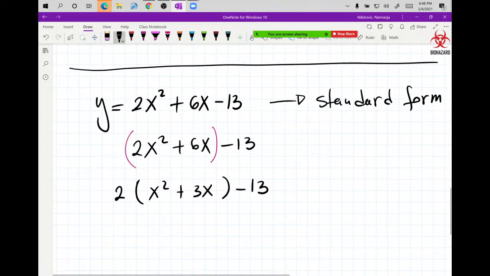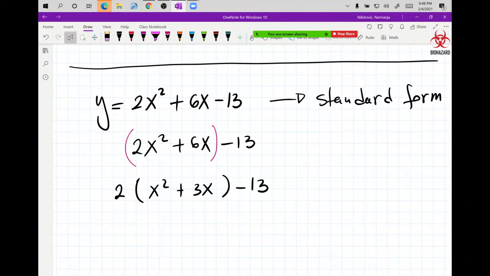Now that I have my x squared single over here, I'm going to use the formula b over 2 squared. Now, my b in this problem is 3.